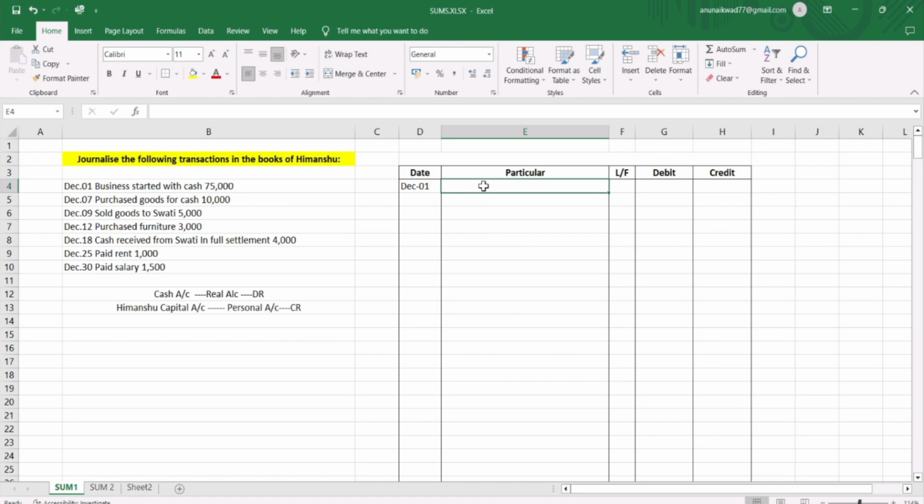So we will post it in our ledger, that is cash account debit. Credit entry is specified as to Himanshu's capital account, that is 75,000.